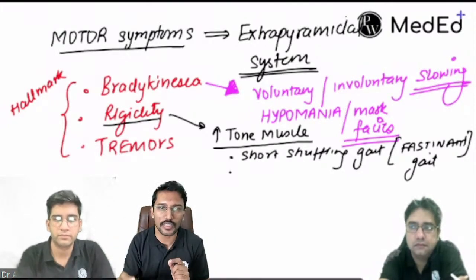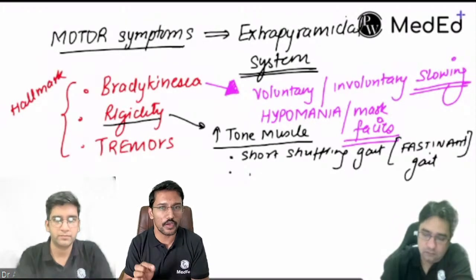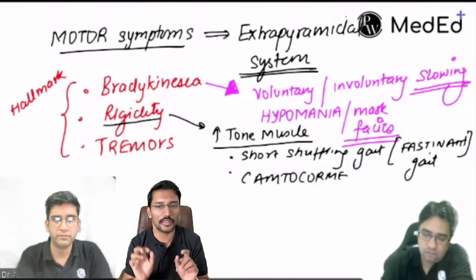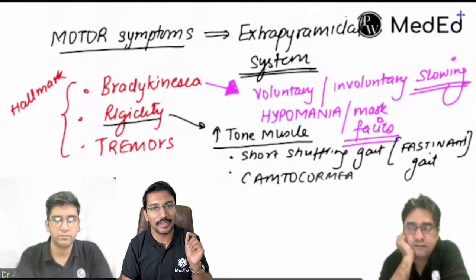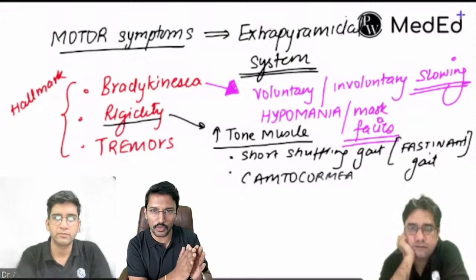And there is a name for this sign. We call it camptocormia. There was a question in the past asking, where do you see camptocormia? It is seen in patients with Parkinson's disease. What is it? The disappearance of the bent spine on making the patient supine. That is camptocormia. Okay, so that is about the rigidity.